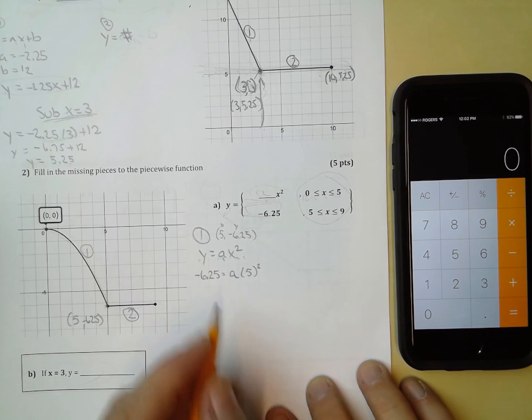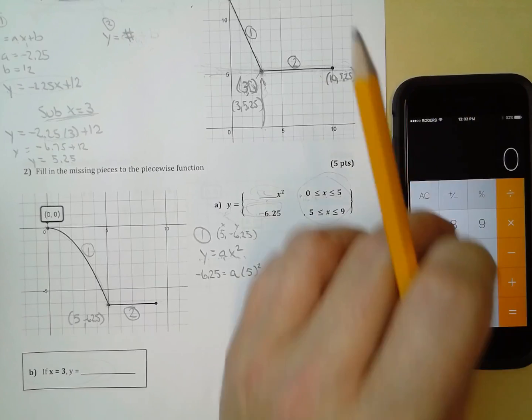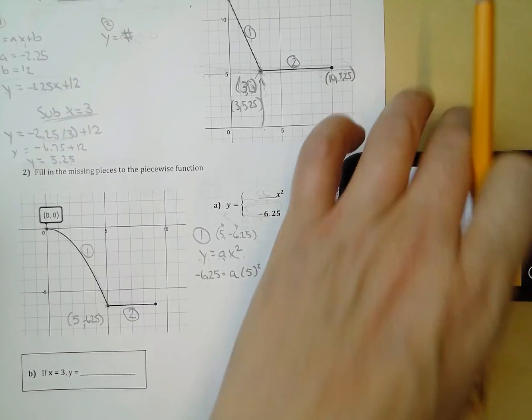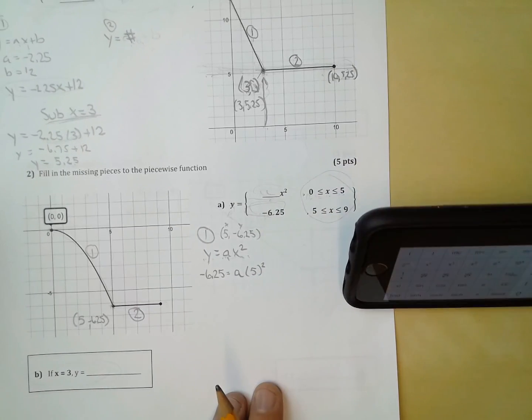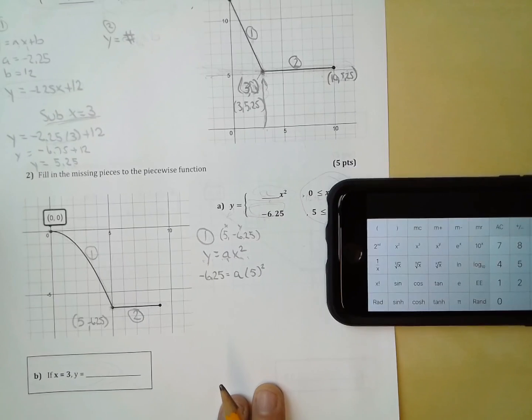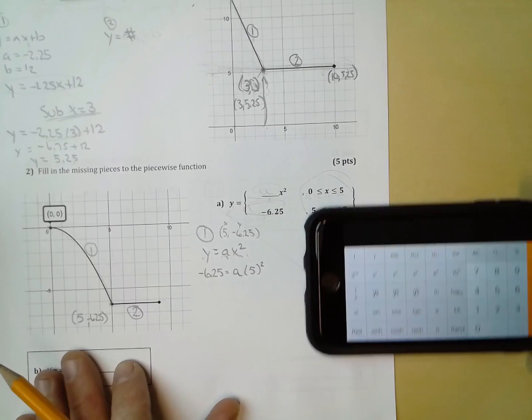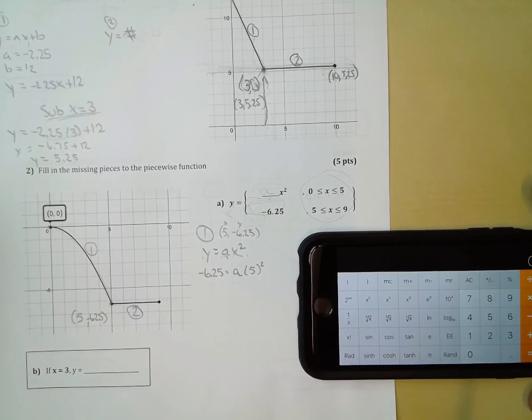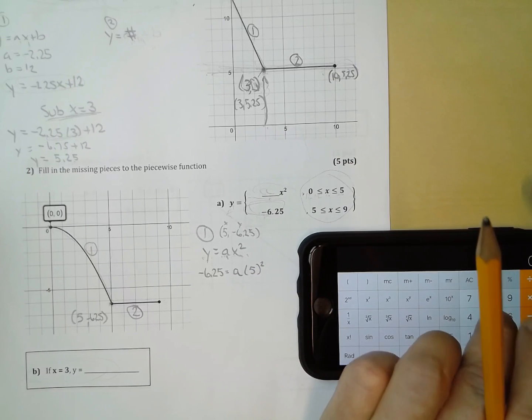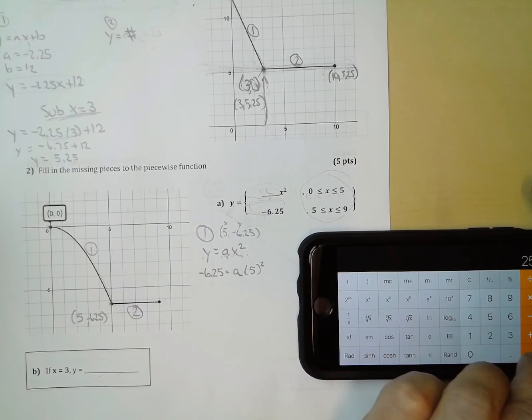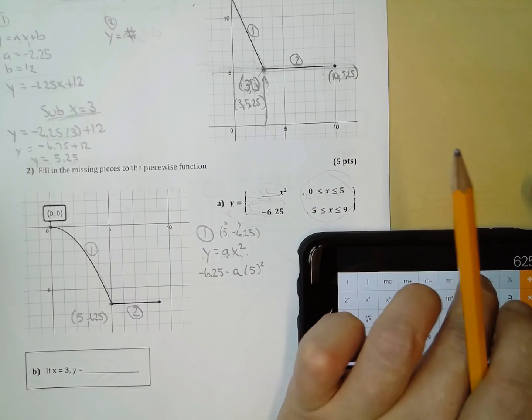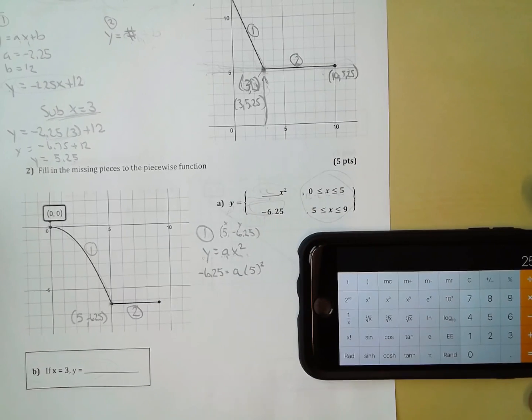So now we're going to do a little bit of simplification. I'll turn my calculator over to get that squared function. And I hope you can still make that out. So I'm going to square the 5 to simplify it. 5 squared is 25.